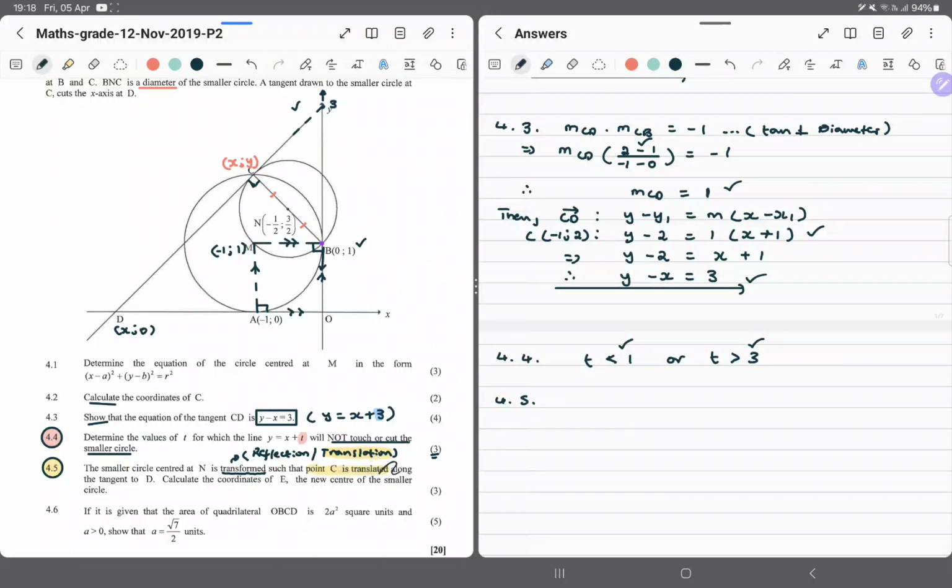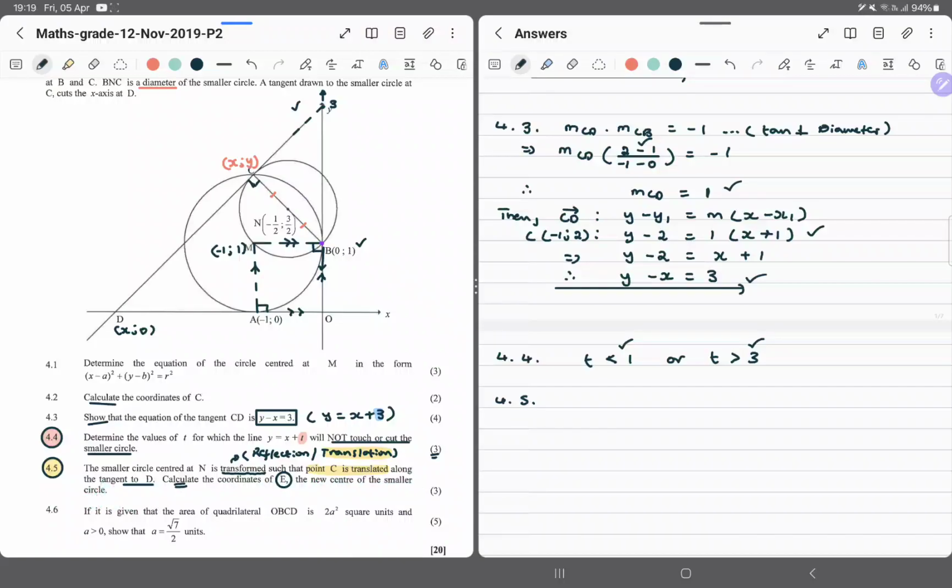So let's have a look at this one. It says such that point C is translated along the tangent. So meaning point C is being just pushed along that tangent line to point D. Now we don't know the coordinates of point D entirely. So we are told here to calculate the coordinates of E. Can you see point E, the new center of the smaller circle?